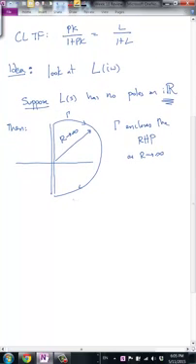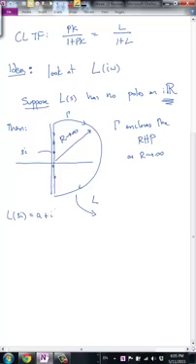Now let's look at where L maps each point on this curve. So again, remember the concept that we talked about extensively in class is that every point on this curve is a complex number, and L of that is also a complex number. So for example, this point might be the point 3i. L of 3i is also some complex number.